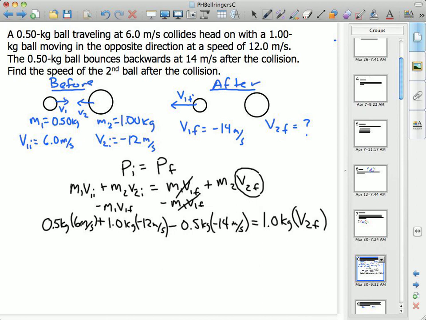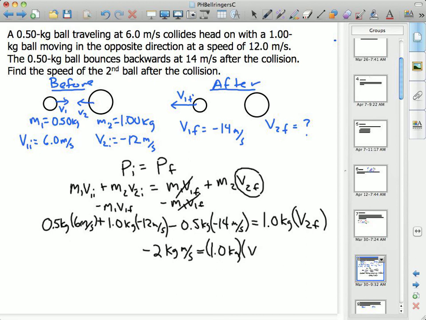If you take the sum of all those terms, you get -2 kilogram meters per second as the momentum on the left side of our formula. So let's write that down. -2 kilogram meters per second equals 1.0 kilograms times v2 final.